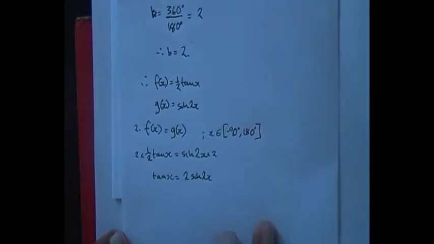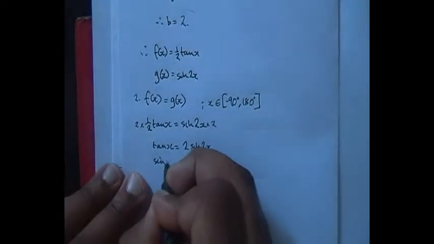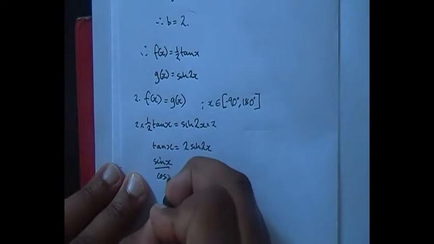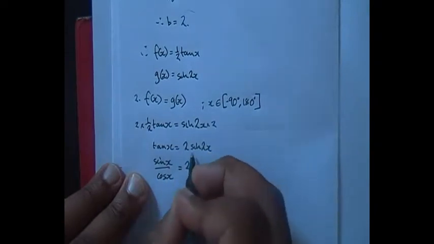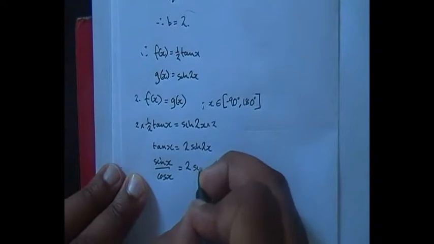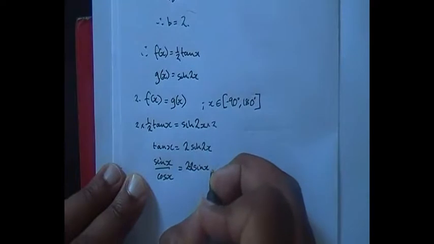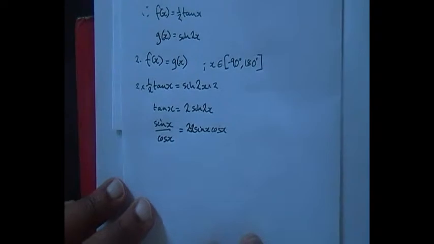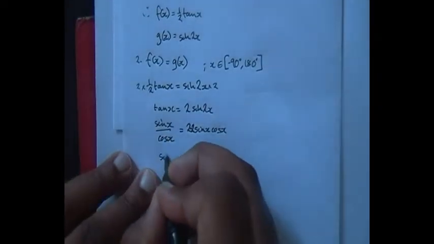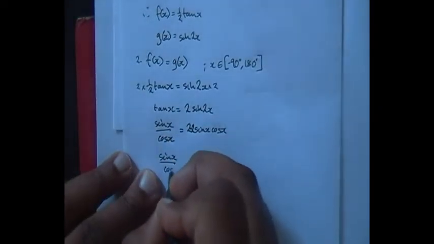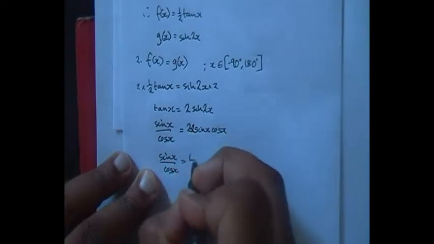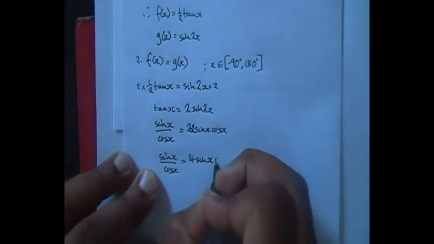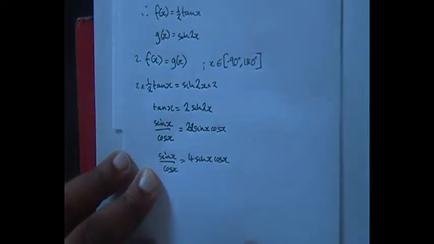Now we apply our identities. We know tan is sine x over cos x, and sine 2x is 2 sine x cos x. So sine x over cos x is equal to 2 times 2, which is 4 sine x cos x.